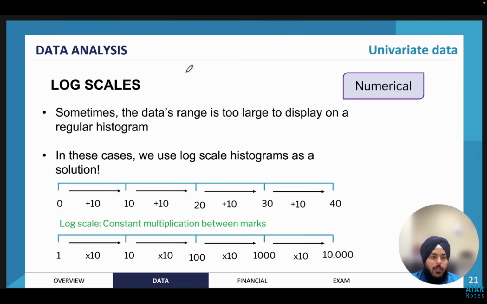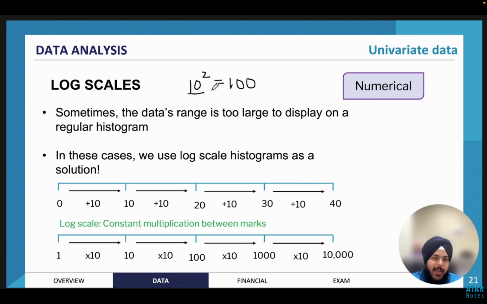So first of all, I'll quickly explain what log really means. Let's just say if we have 10 to the power of 2, which equals 100, we can actually transform this and write it as a log.